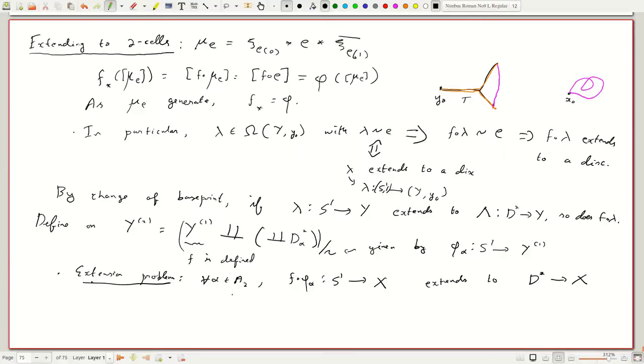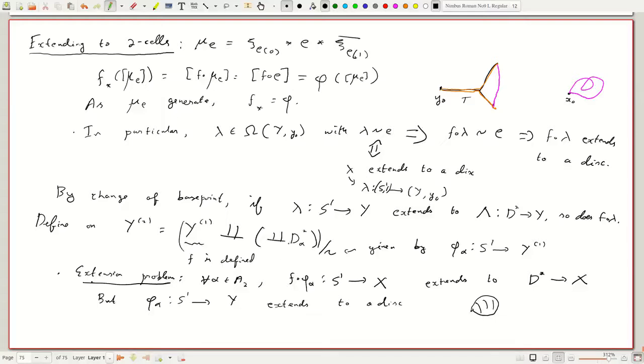We knew this, okay? But phi alpha mapping S1 to Y extends to a disk. Okay, that we saw already. It's simply the disk that we are filling in here. So what we have done is we have attached a disk. So the boundary map extends to a disk.